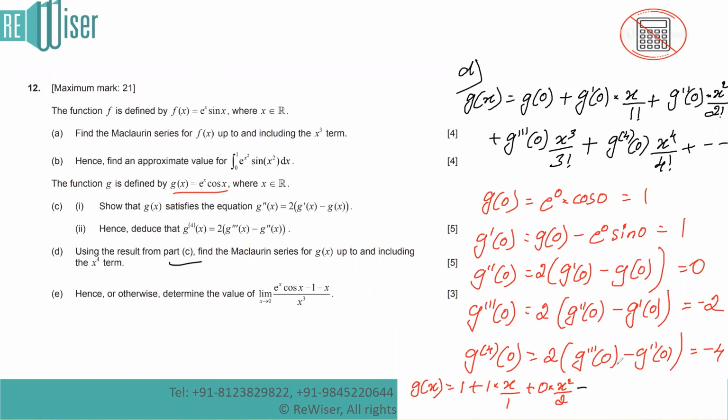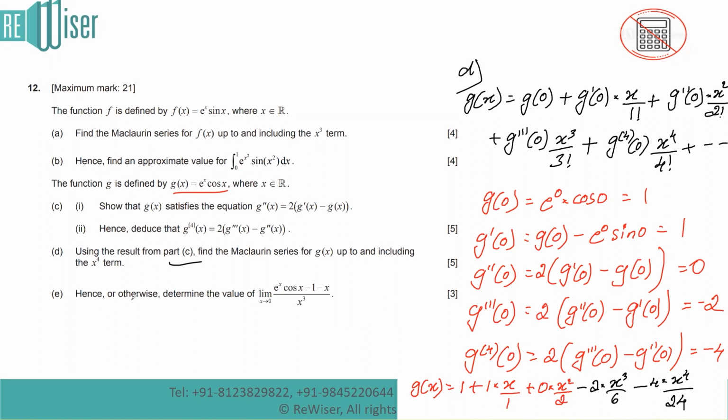And minus g triple dash of 0 is minus 2 times x cubed by 3 factorial, which is nothing but 6. And finally, minus 4 times x to the power of 4 by 4 factorial, which is nothing but 24. And this is the right answer.